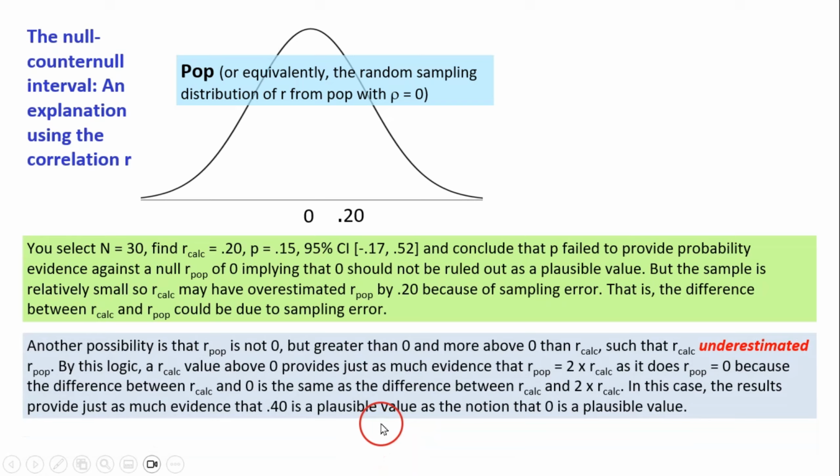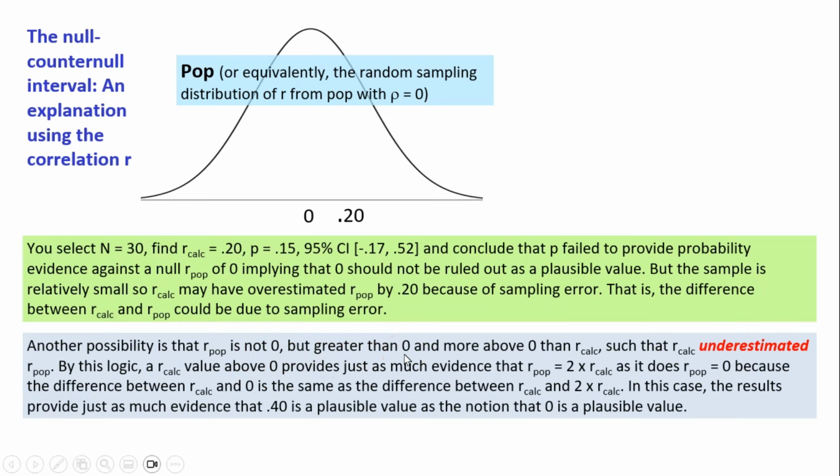However, there is another possibility here. Another possibility is that R pop is not 0. Because remember, we don't know what R pop is, typically, as from the first semester. It's not 0, but greater than 0.